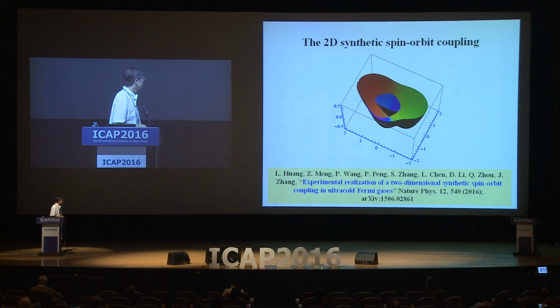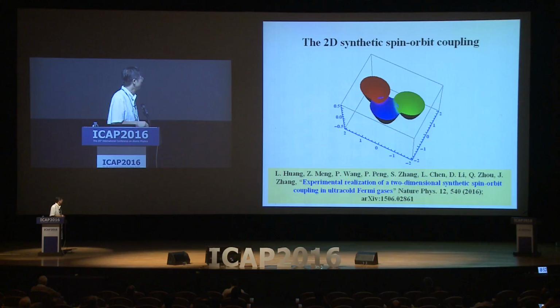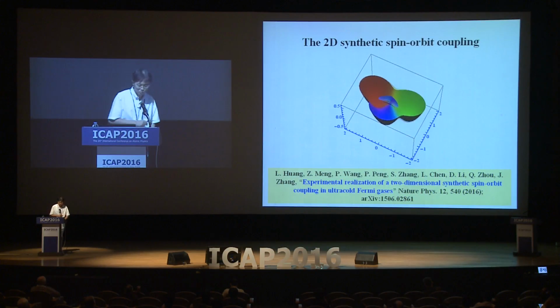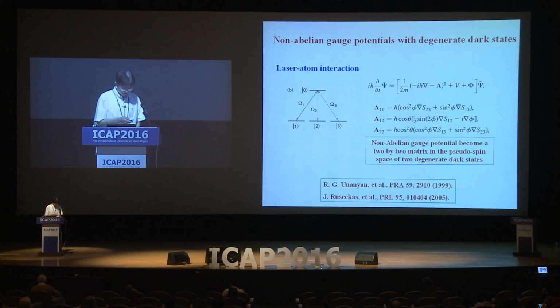Now I go to our work, the experimental realization of 2D spin-orbit coupling in ultra-cold Fermi gas. Many theoretical schemes have been proposed to generate 2D spin-orbit coupling. The scheme of generating a non-abelian gauge potential by laser-atom interaction was proposed very early.